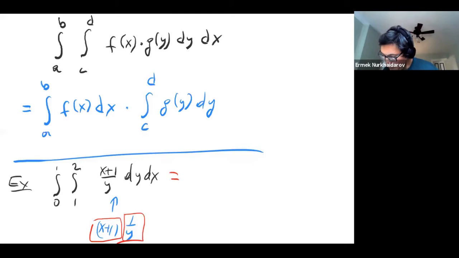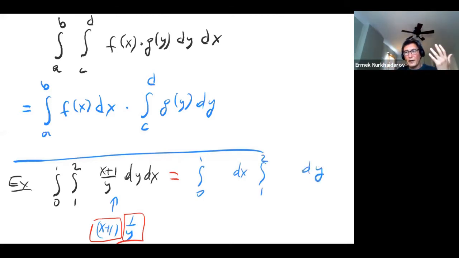So we can split them into the integral from 0 to 1 dx, and the integral from 1 to 2 dy. Inside the integral with x, we're going to put all expressions with x. Inside the integral with y, we're going to put all the expressions with y. So we're going to get x plus 1 and 1 over y.